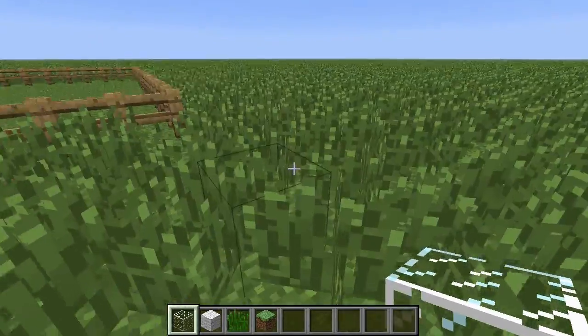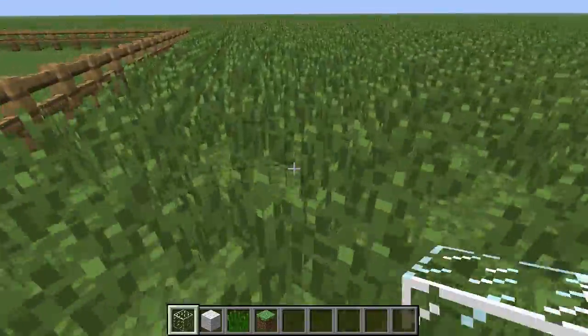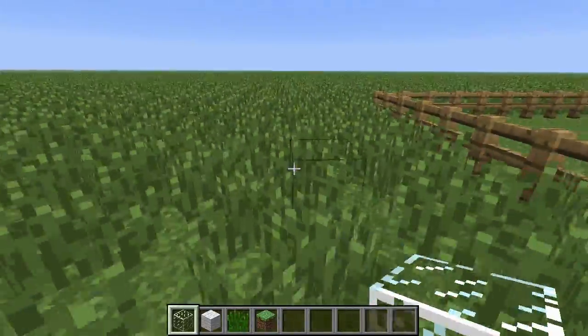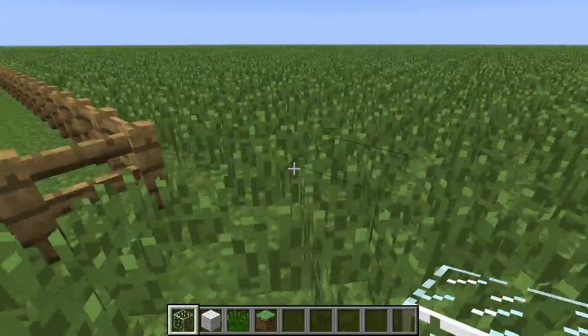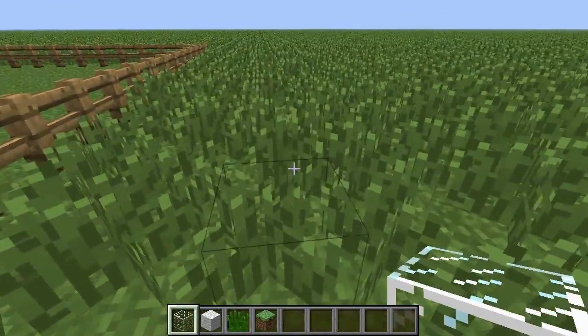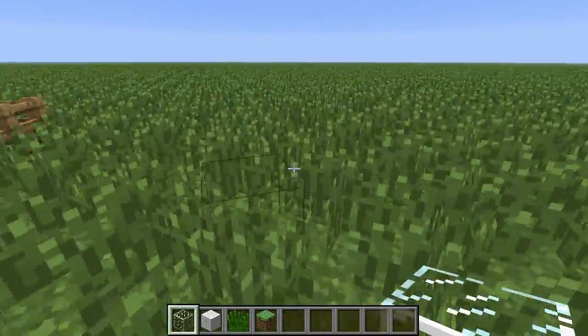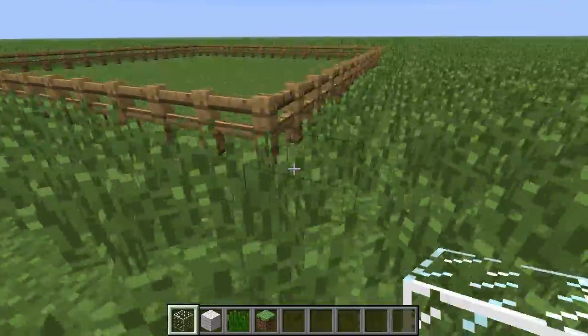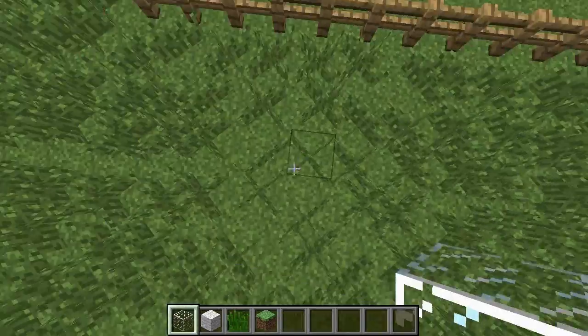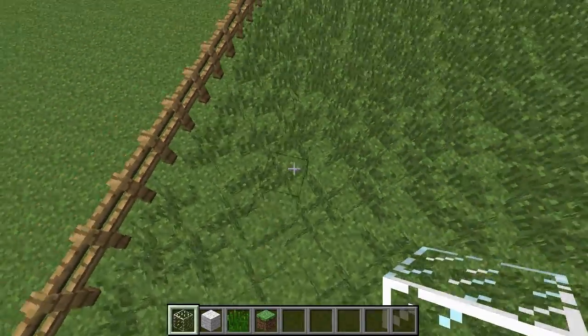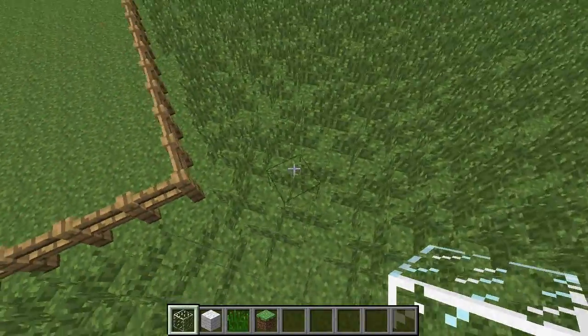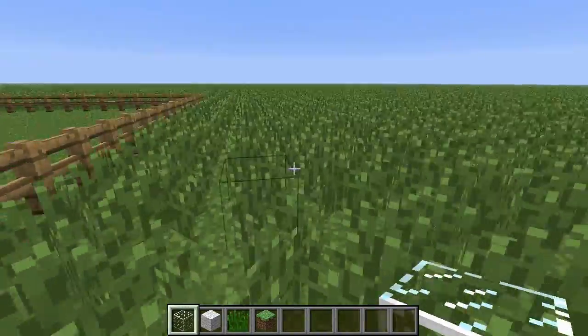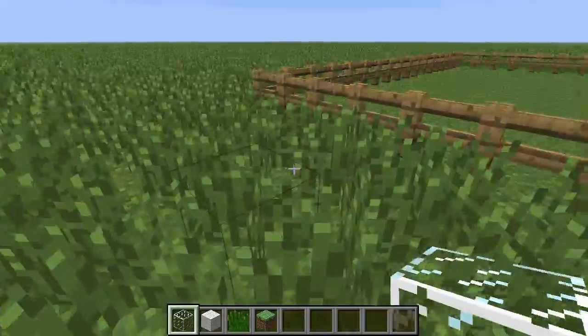We are on easy. So tall grass is in the same group of blocks as torches, pressure plates, flowers, mushrooms, and those are all blocks without a hitbox. So you can walk through them.